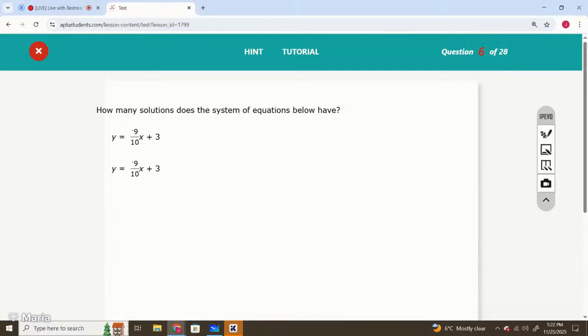So both the equations are exactly the same, right?